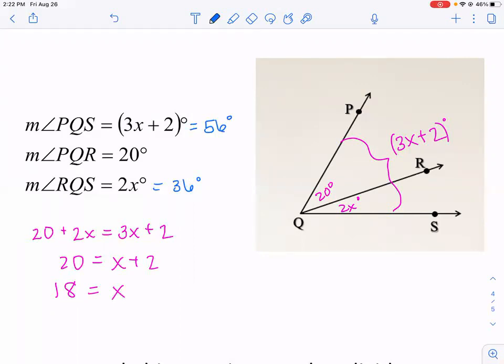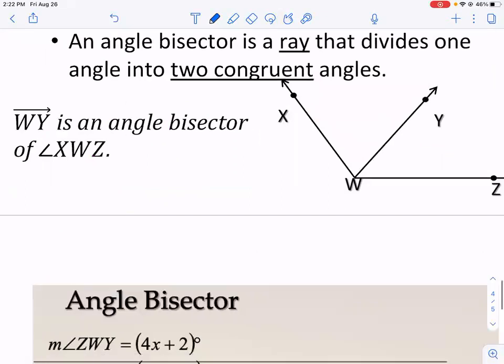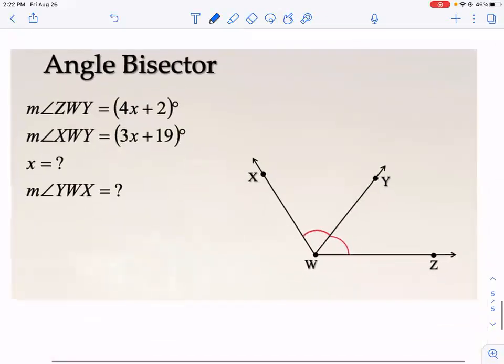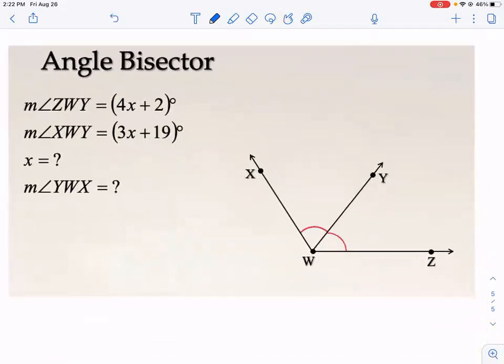Okay. We're just going to talk through this last one. We're not going to draw it. We're not going to solve it out. We're just going to talk through what we would do. Okay, I'm telling you that WY is an angle bisector. How do you know that?